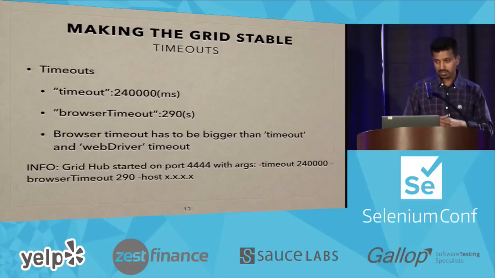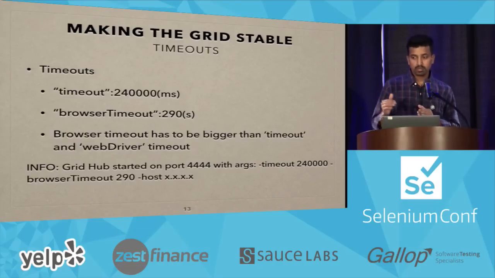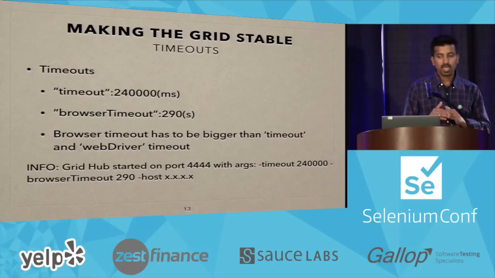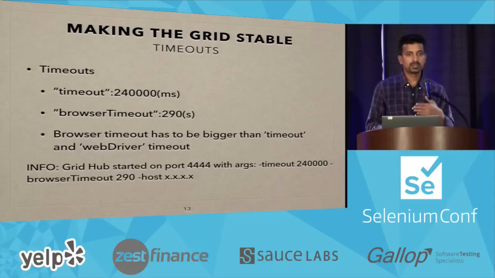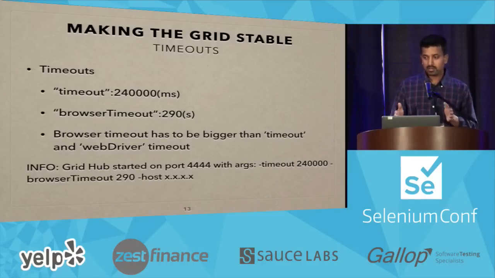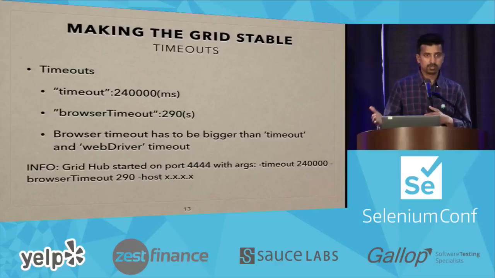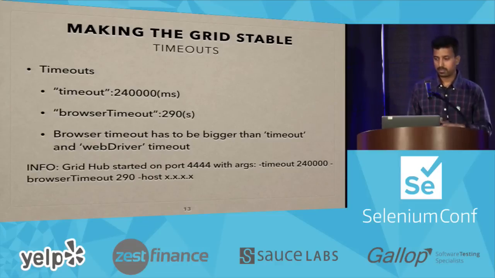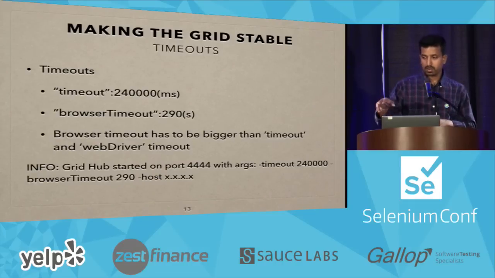And the browser timeout should be higher than the timeout and the WebDriver timeout you give, which you use to wait for elements and so on. If not, you will run into issues. So make sure this fundamental is right, and you can verify the right arguments are passed from the Grid Hub console log.